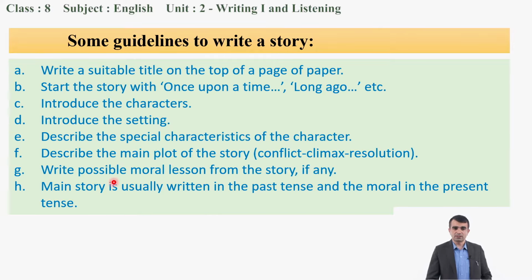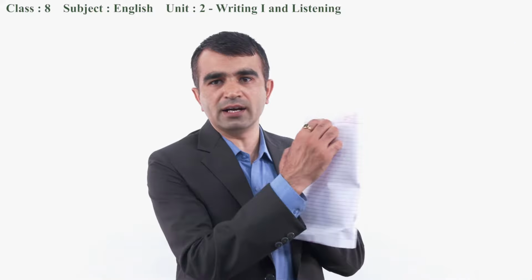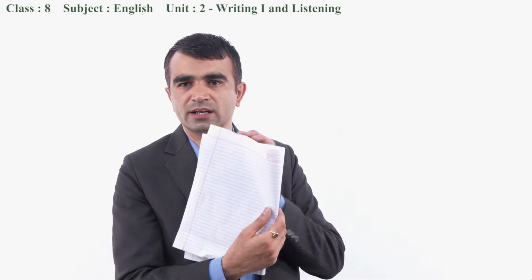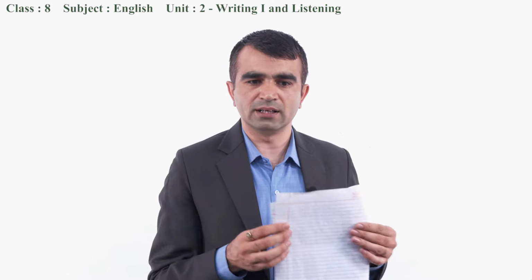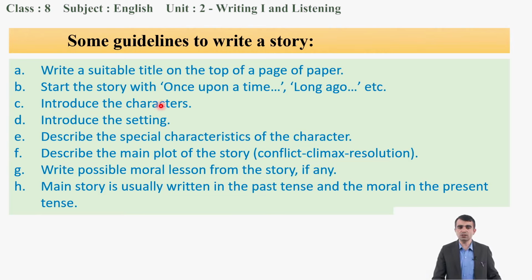First, write a suitable title on the top of a page. When you start writing, in your exercise book, at the top, in the middle, you can write the title, and start the story with once upon a time or long ago.